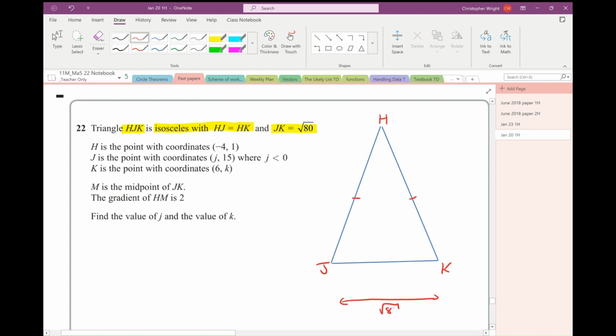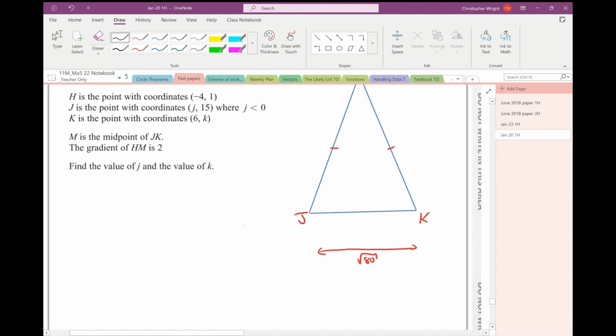Okay. Great. H has got coordinates, right, I'll write those on, minus 4, 1. J has got coordinates j, 15. And K, where j is greater than 0. I bet that'll be useful later. And K has got coordinates 6, k. Good. All right. M is the midpoint of JK. Okay.